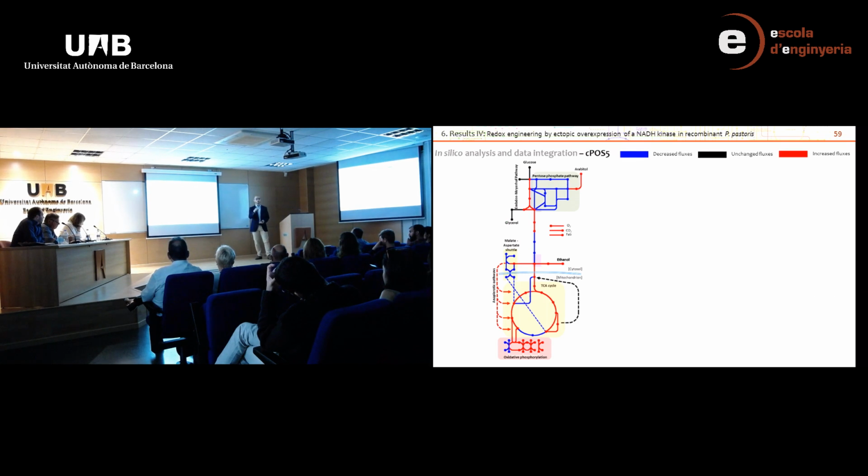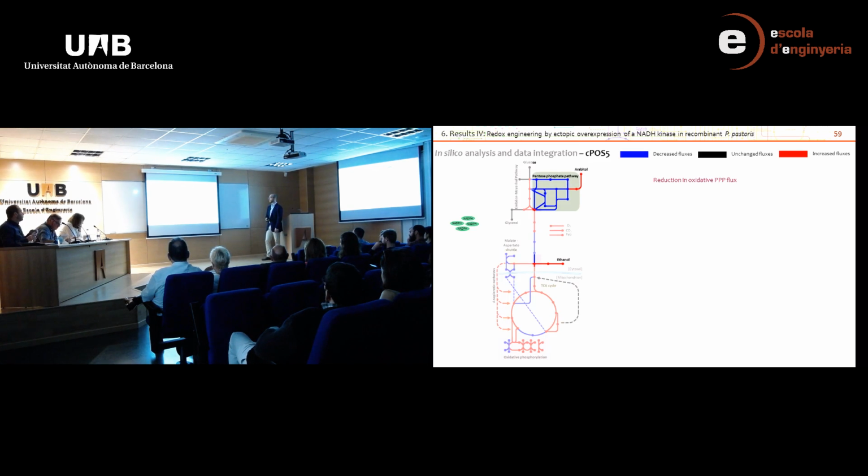So now, to zoom into the metabolism, we use our metabolic model, and we try to predict or reproduce this experimental data by increasing the flux through the NADH kinase reaction. Here, in the case of the cytosolic POS5, in blue, a decrease in the fluxes is represented, while in red, it is an increase of these fluxes. Looking into the cytosolic POS5, we can see first that we predict a reduction in the oxidative pentose phosphate flux.